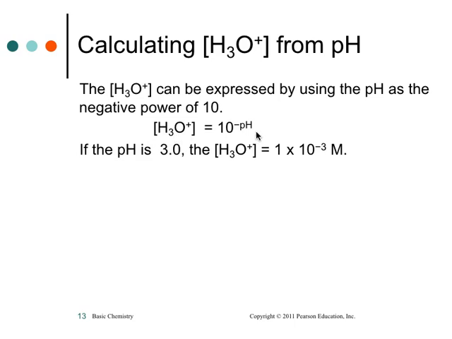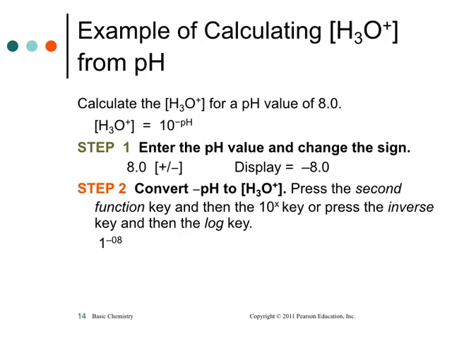So all you're doing is finding out what is in the exponent, and that's your concentration. For instance, if you have a pH of 3, then remember it's a negative 3. So you're taking the negative 3 and changing the sign, and you ended up with 3. That means that your concentration is 1 times 10 to the negative 3. Okay, we'll do some of these examples. This gives me a headache.